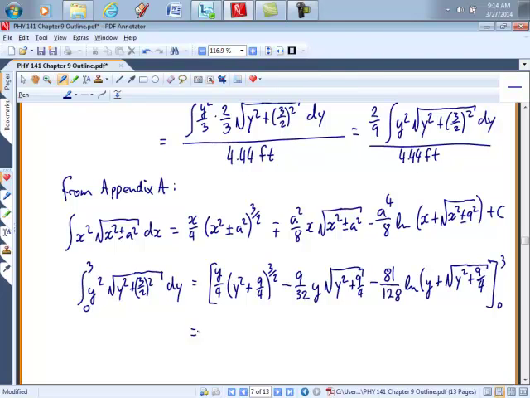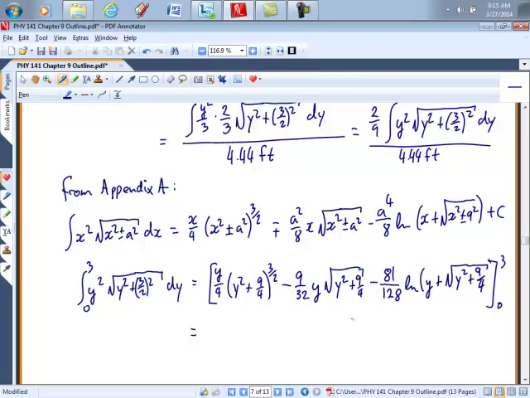That's not right. It's got to be less than 1.5. Yes, it is so long.